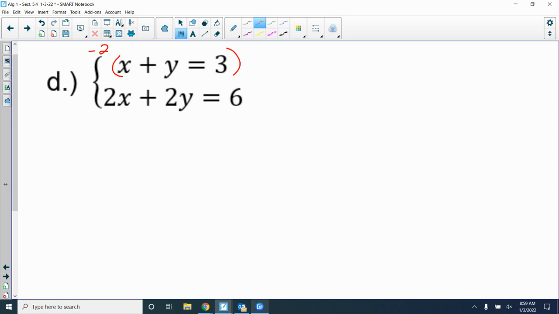Everything. Now, whenever I multiply, I like to go to the right. And I get -2x minus 2y equals -6. The other one doesn't change. All right, what happens when you add? What's the whole left-hand side equal? 0.